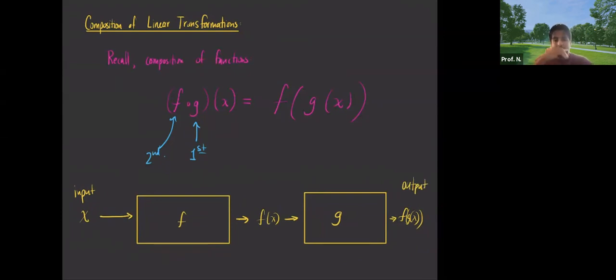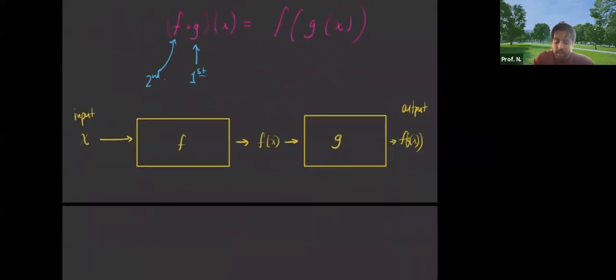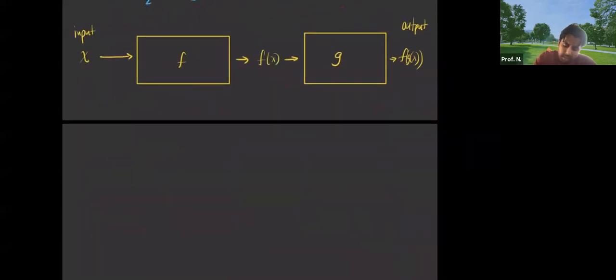Like an onion, that's right, Mahmoud, similar to that, right? Now, it's the same exact thing, but now I'm just applying transformations, which are pretty much just functions. So if I have a transformation with a certain matrix associated with it, followed by another transformation with another matrix associated with it, and I'm applying it to a vector, what is that going to look like?